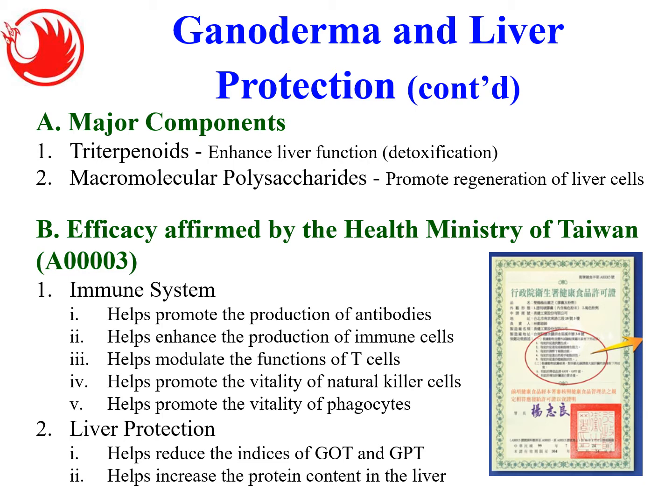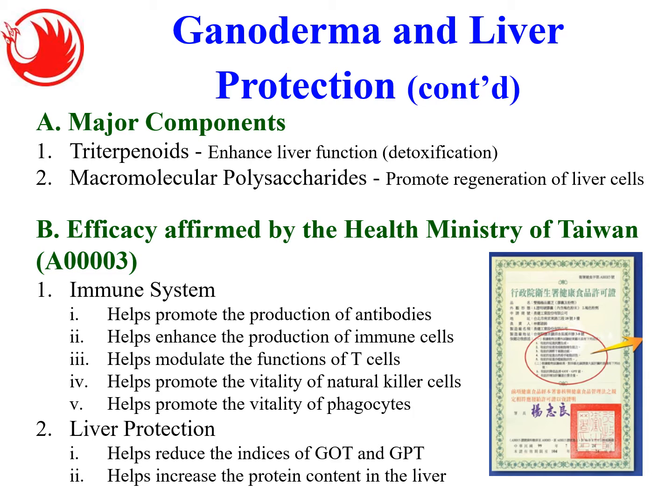First, for the immune system, it helps promote the production of antibodies and enhance the production of immune cells. It also modulates the function of T cells, and promotes the vitality of natural killer cells and phagocytes. These are the immune cell systems.